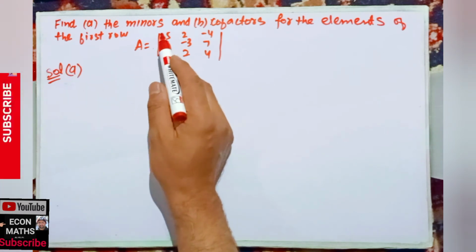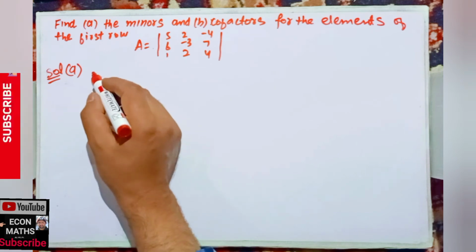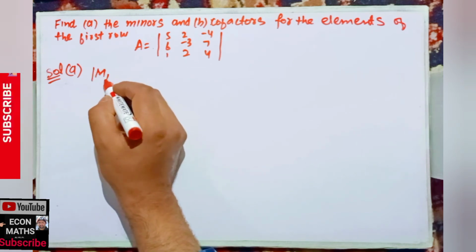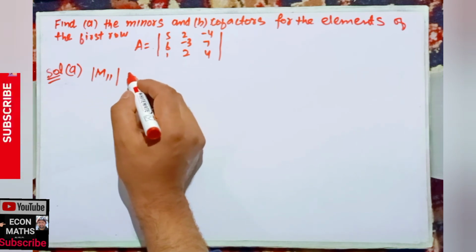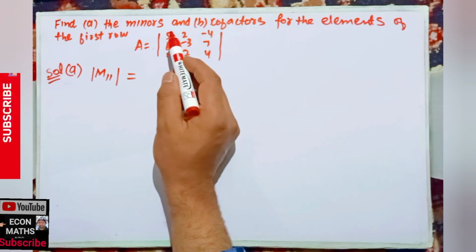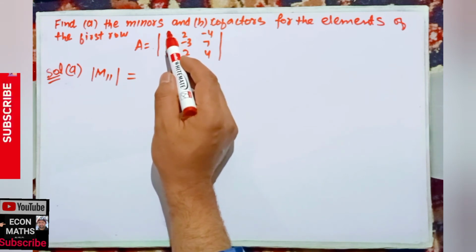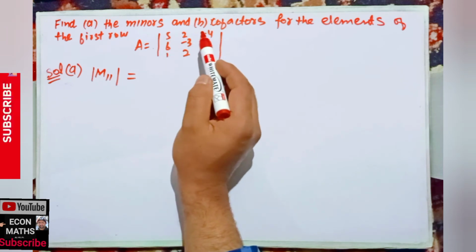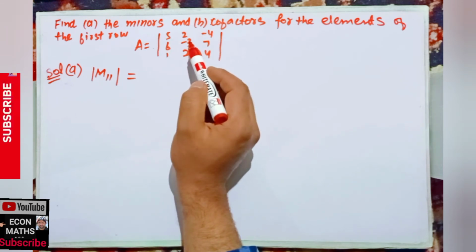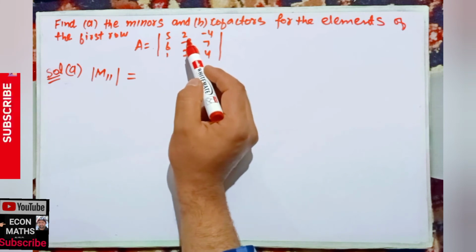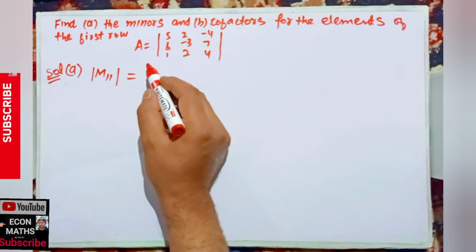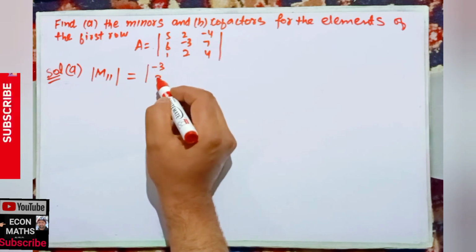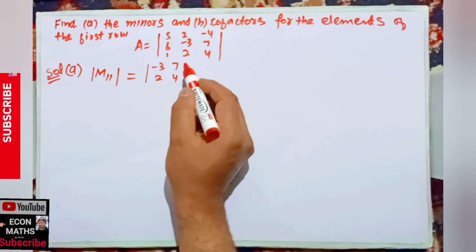Now the first minor here is denoted by M11, the minor at this place. We mentally delete the row and the column in which the first element appears and take the determinant of the remaining elements. The remaining elements are these 4 elements: -3, 2, 7, 4.